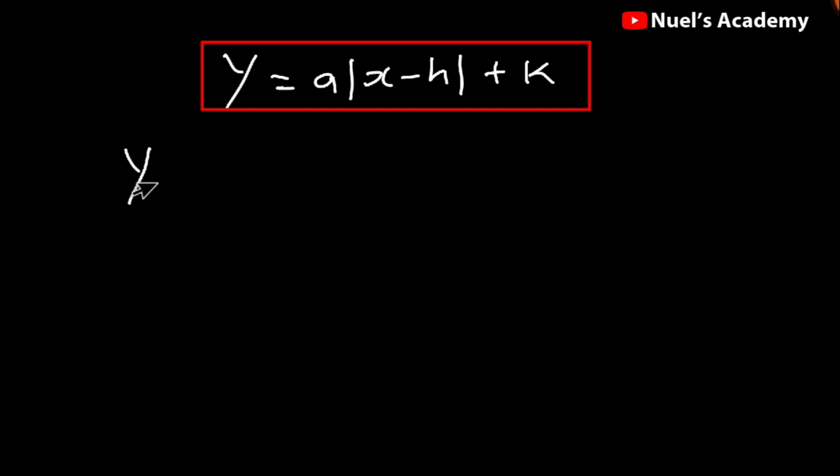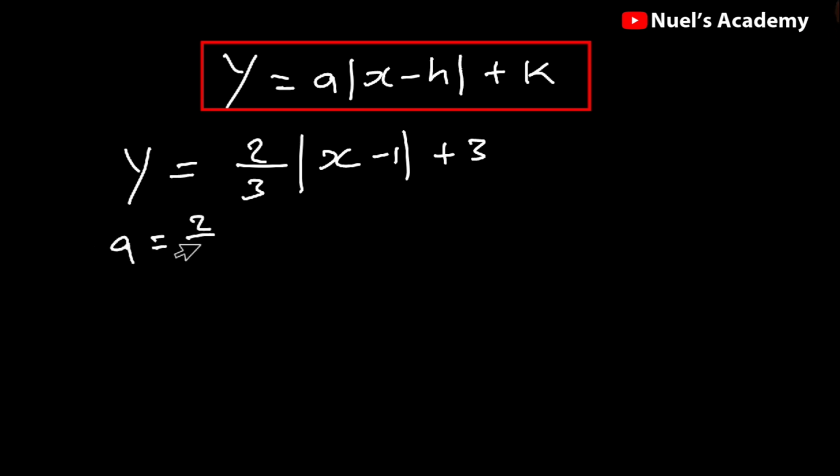So let's solve this last example. We have y is equal to 2/3 times the absolute value of x minus 1, plus 3. Now here our a is equal to 2/3, then h is equal to 1. We have a negative sign here, so we're not going to write anything.